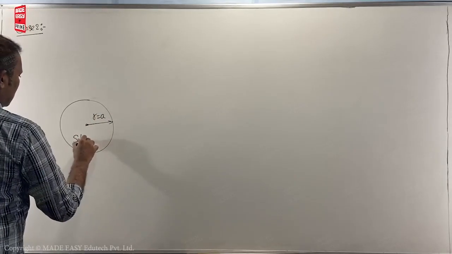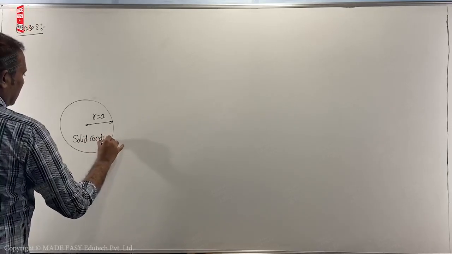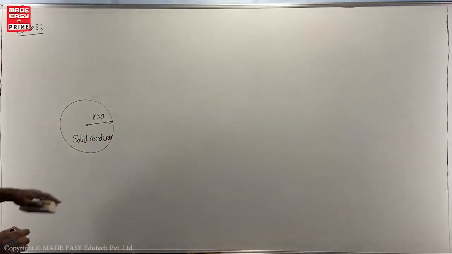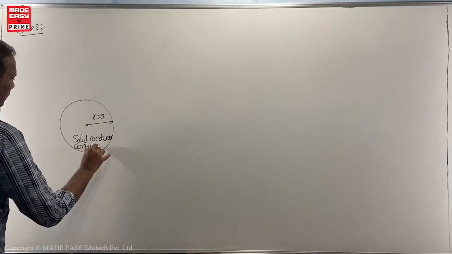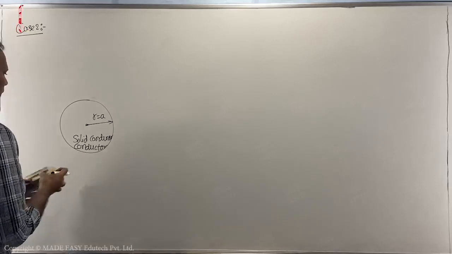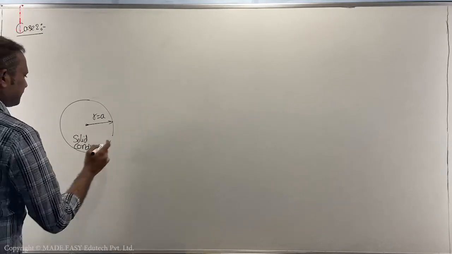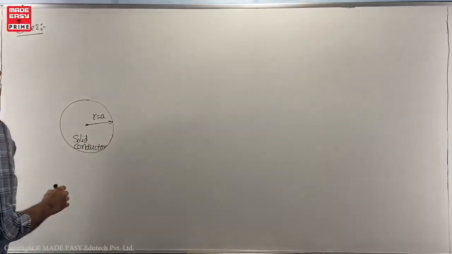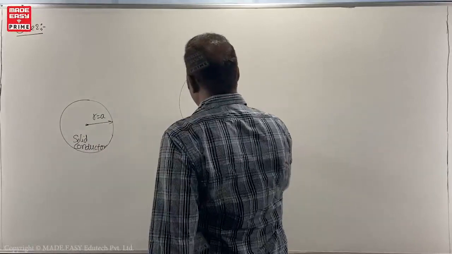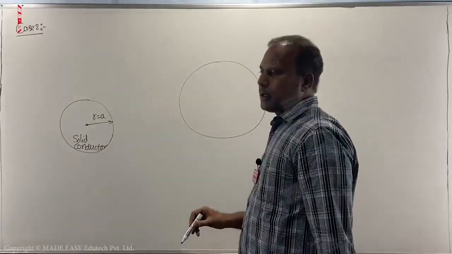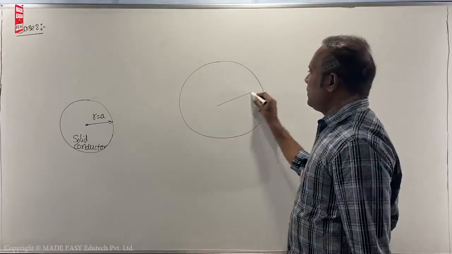This is a solid conductor. I will write that, conductor here. Now here one hollow conductor is there, and this hollow conductor of radius b is taken.